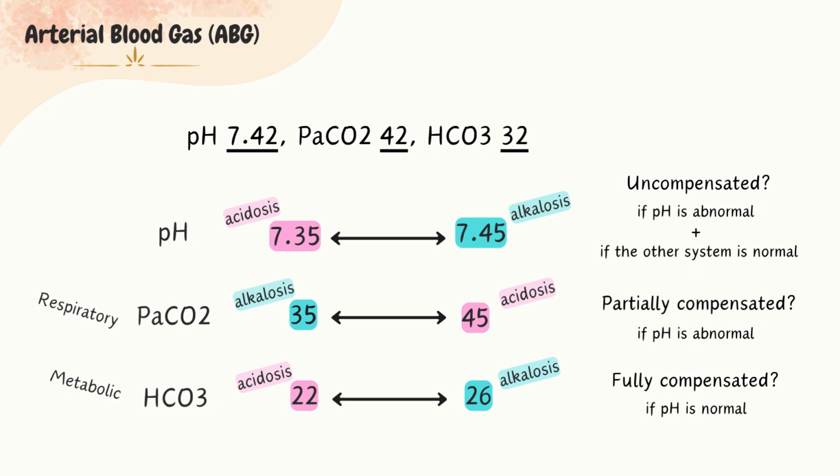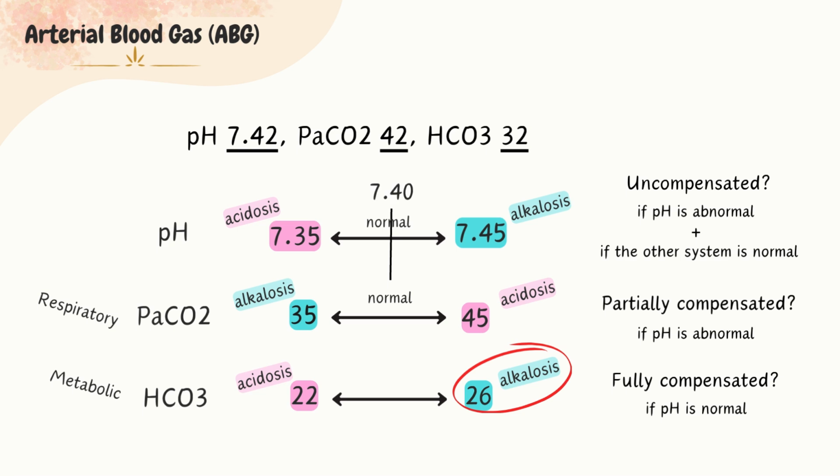Let's go to question number 3. pH is 7.42, so it is normal. PaCO2 is 42, so this is also normal. This is getting interesting. HCO3 is 32, so that is alkalosis. How do we go about this? Remember from the last video, we talked about if you have a normal pH value, you need to draw a line in the middle of 7.35 and 7.45, which gives you 7.40.